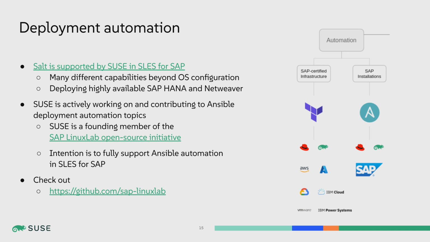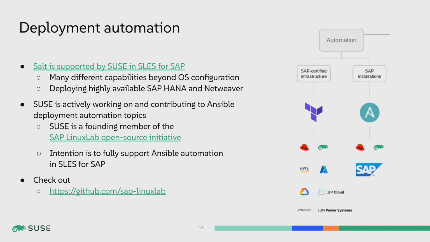Now, in addition to that, SUSE is actively working on creating automation for Ansible. As a matter of fact, SUSE is a founding member of the SAP Linux open source initiative, which is also linked from this page.